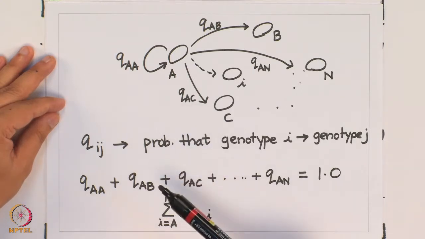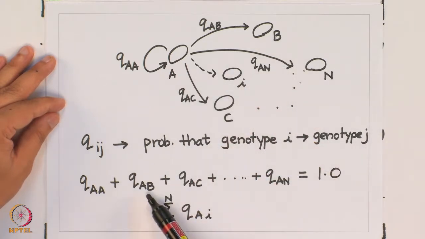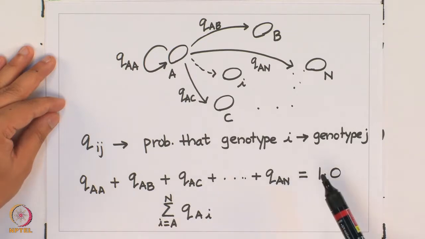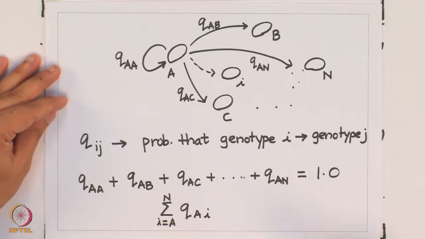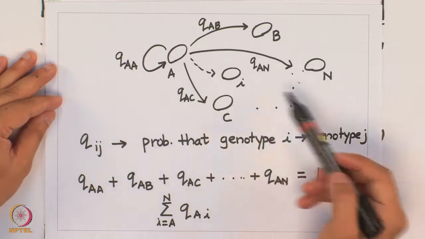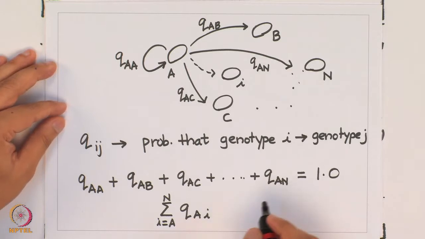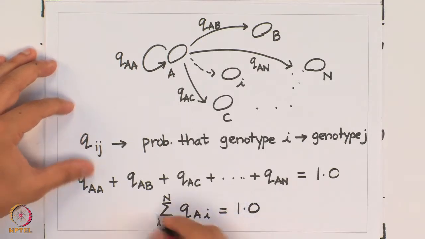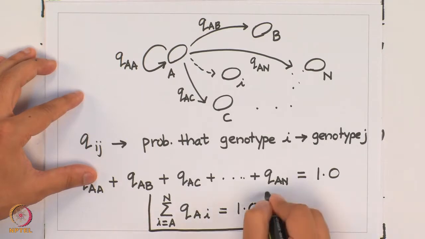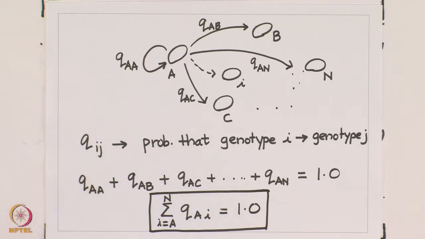The chance that the progeny belongs to genotype P is represented by this number, and the chance that the progeny is of genotype N is represented by this number. But the fact is that the progeny has to belong to one of the N genotypes which are present here, and hence the sum of all the probabilities that the progeny belongs to one particular genotype has to be equal to 1. So sigma QAI, I varying from 1 to N, is equal to 1. And this is going to come in handy as we move forward with our analysis.